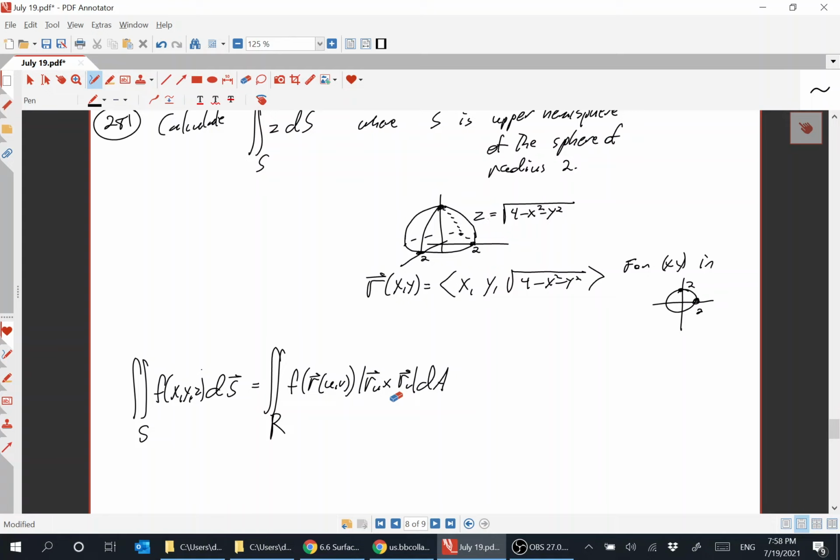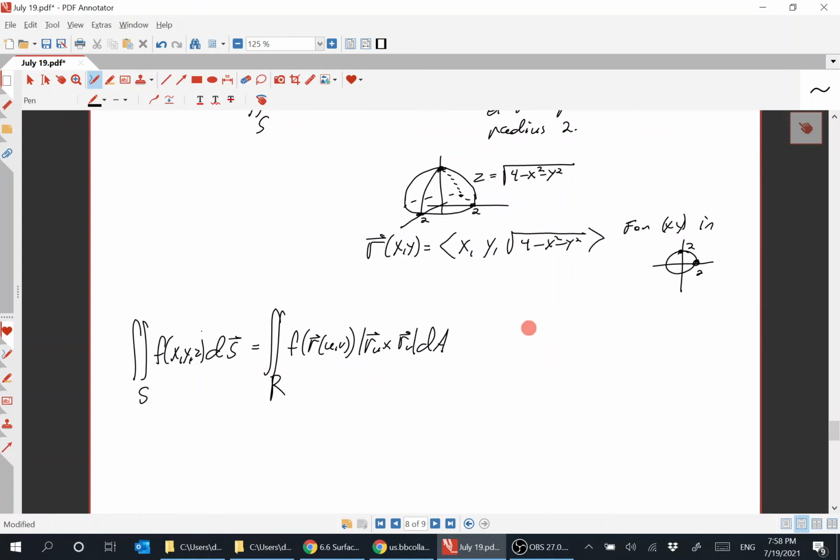Okay, so a lot of calculations are happening inside there, but let's go through. Partial derivative of r with respect to x: that's 1, this is 0, and this one, without going through a lot of time here, is just this. That's Rx.